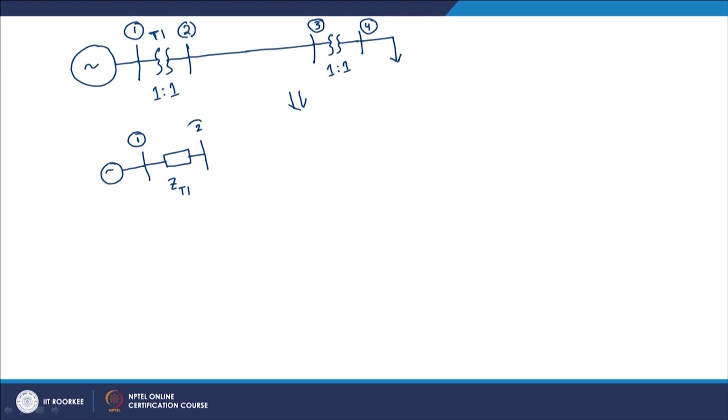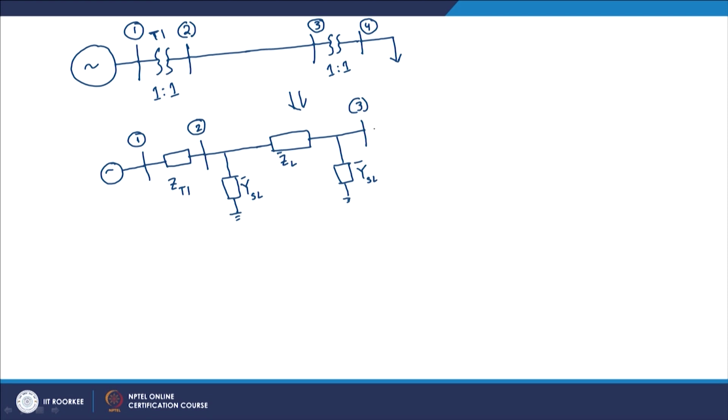So, this is bus 1 and 2, and then between bus 2 and 3 there is a medium length transmission line, so we would represent it by a pi model. This is bus 3, and this is the Z line, and this is the Y shunt line, this is also Y shunt line.